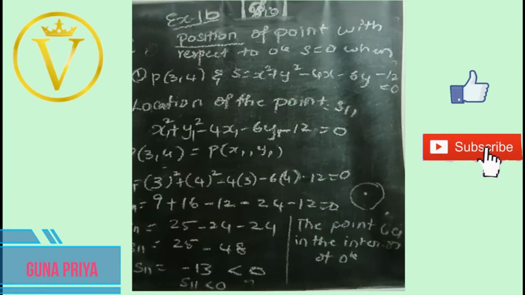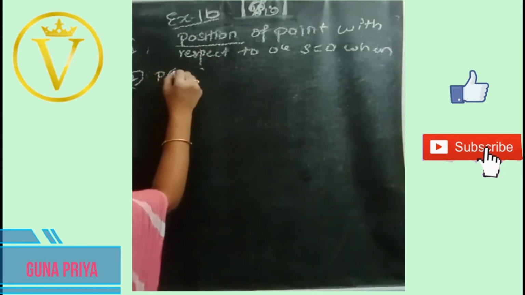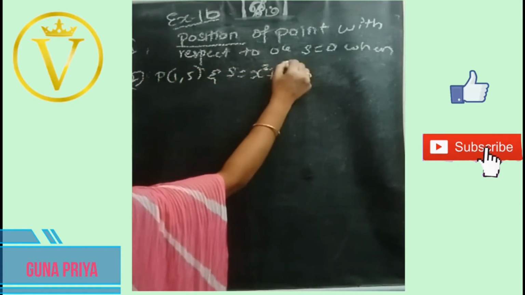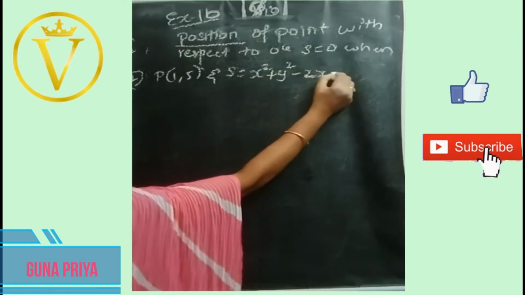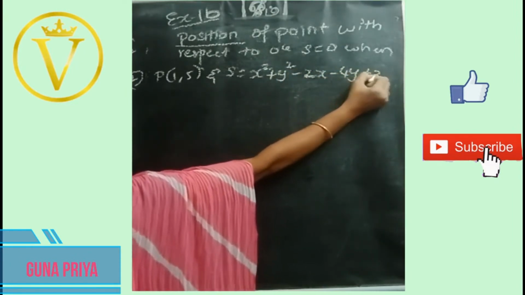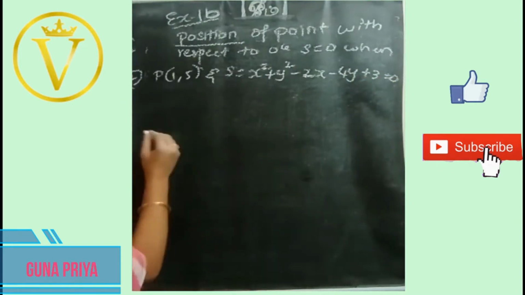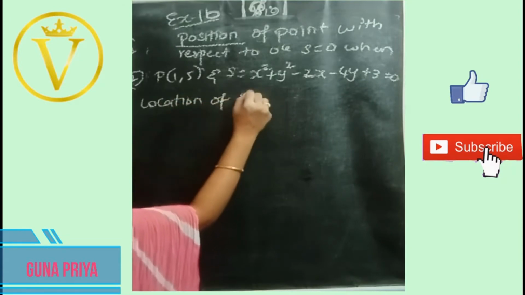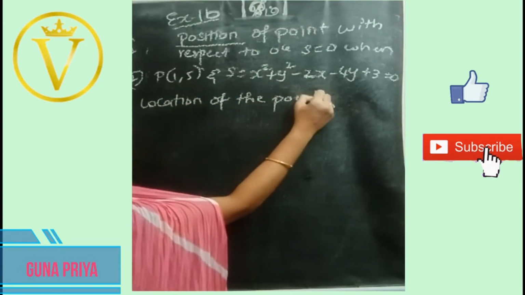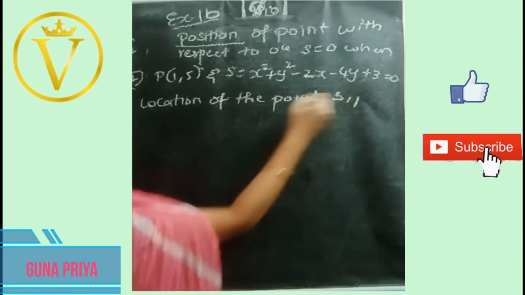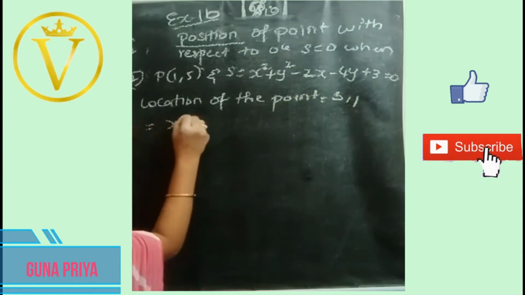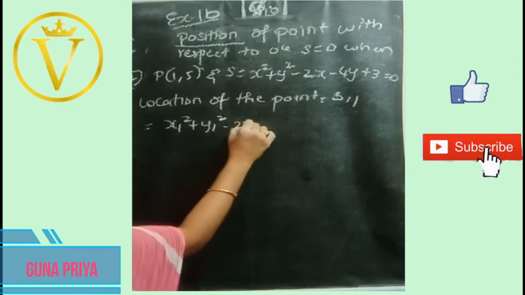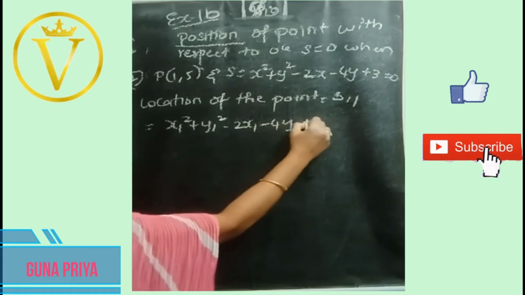Now the second question: P is (1, 5) and S equals x square plus y square minus 2x minus 4y plus 3 equals 0. The location of the point is S11, which is x1 square plus y1 square minus 2x1 minus 4y1 plus 3.